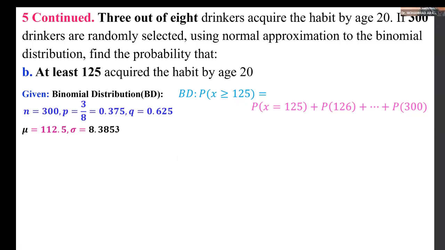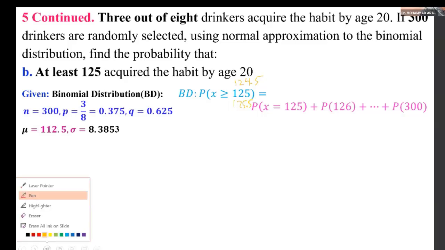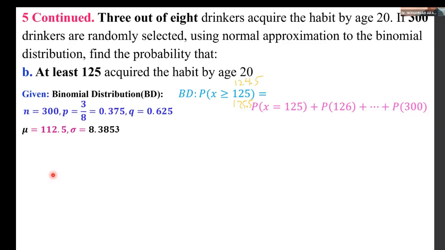So as we want to go from binomial distribution to normal distribution, either we use 124.5 or 125.5. Let's see which one and why. I want to go over that so you can easily pick. Remember the meaning of probability of x larger than or equal to 125.